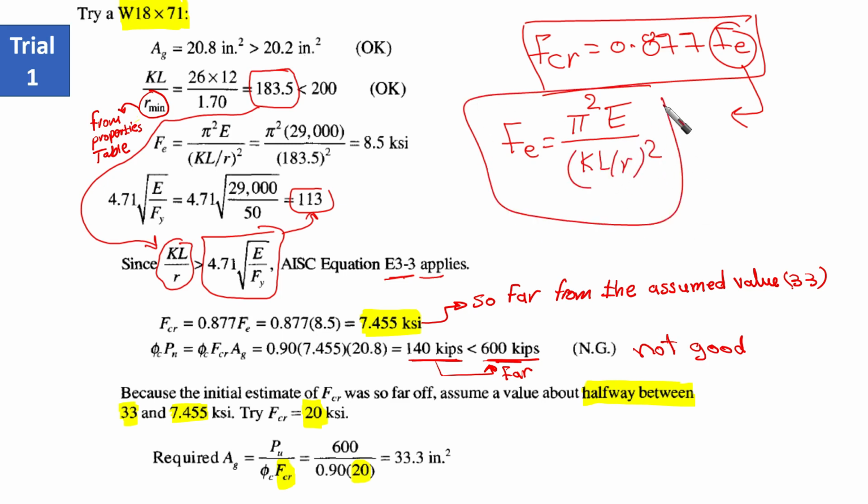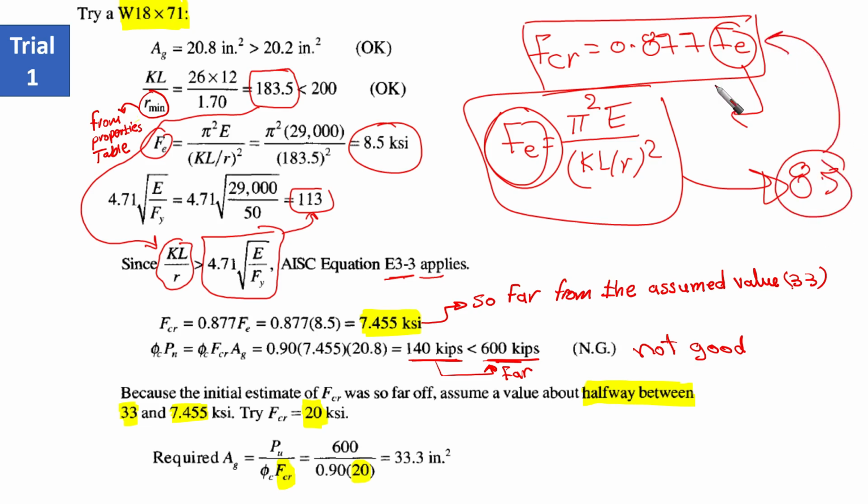From where did I get this? From the previous videos, please revisit it. So we obtain this FE, which is going to be 8.5 here. Then we substitute in this equation to obtain our FCR, which is the real available critical buckling strength for this shape.